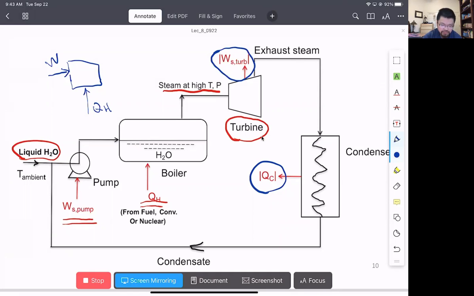And then we are going to have the work output. At the same time, we are going to discharge the heat to the cold reservoir. So that would be the 4 units we have to use. And then you may have the question, who demands that we need to use the 4 units? And what is the mechanism behind this loop?